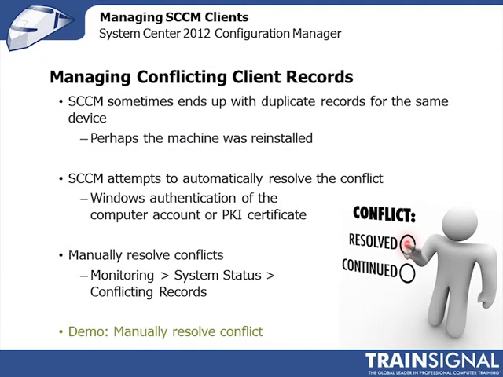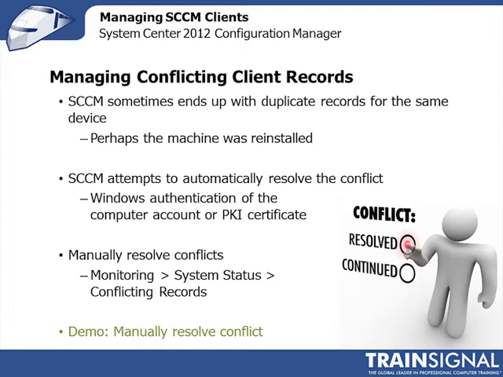There's a simple fact of life that every Configuration Manager administrator needs to keep in mind, and this is the fact that you'll probably end up getting conflicting client records from time to time. This is basically when you have a duplicate hardware ID or a duplicate record get entered into the Configuration Manager database for the same piece of hardware. Perhaps the machine was reinstalled, or perhaps it was removed from the hierarchy at one point and then re-added.